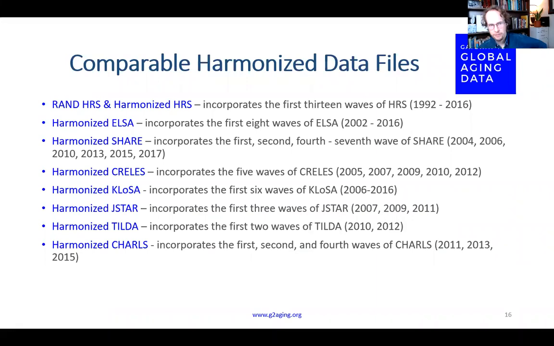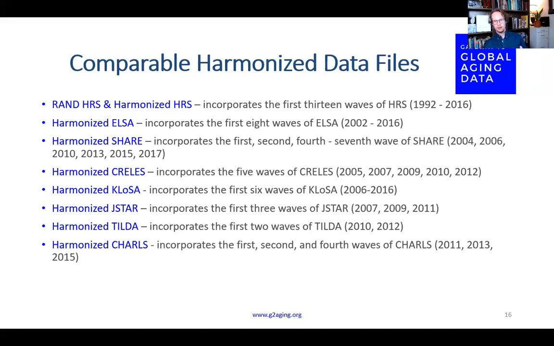The comparable data files to the harmonized MHAS include the RAND HRS and the harmonized HRS, which represent the HRS. The RAND HRS is kind of like the core harmonized data file for the HRS data set. It is done in conjunction with the work at the RAND Corporation.